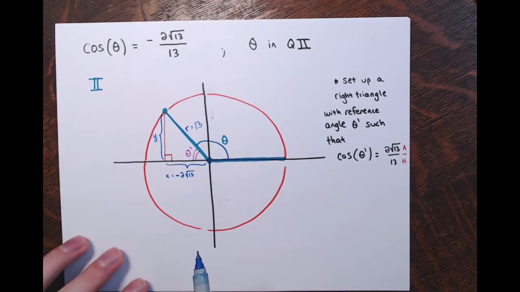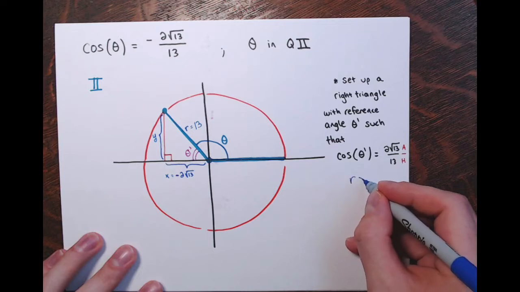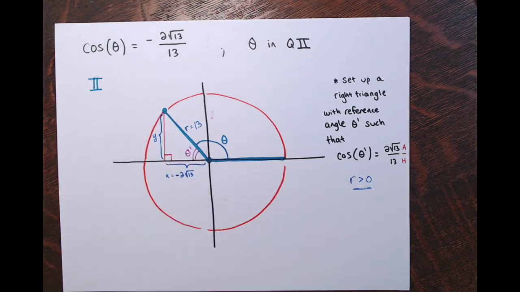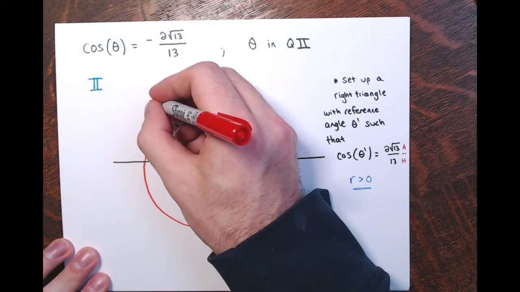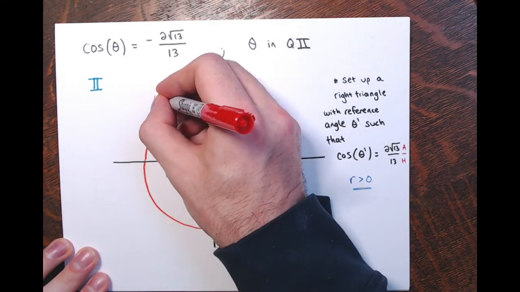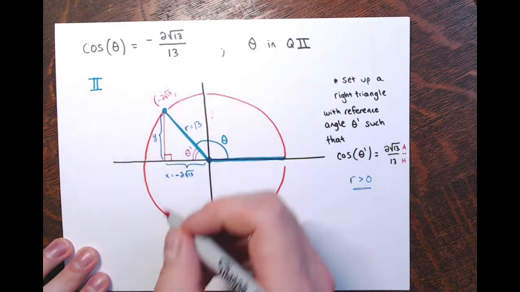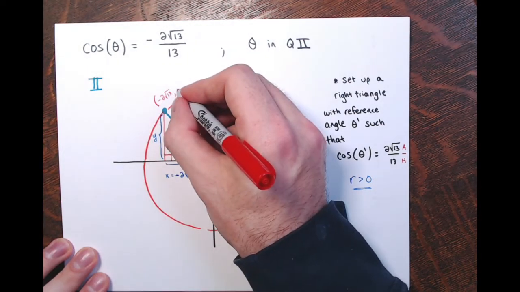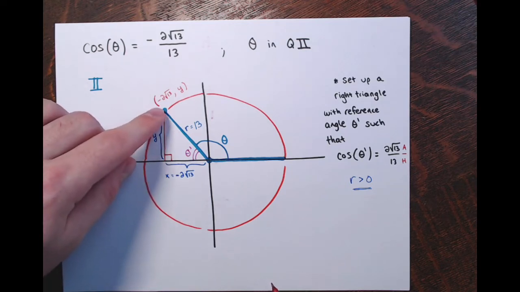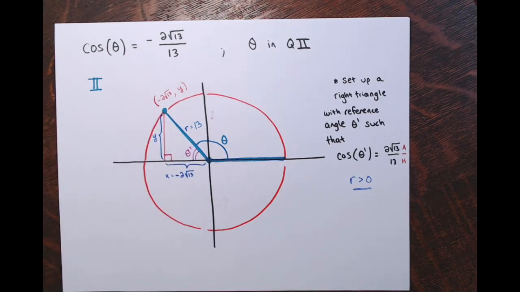Please be sure that the radius is always positive. I'll write that again over here: the distance to the origin. This point on our circle has an x coordinate of negative 2 times the square root of 13, an unknown y coordinate, and it's on a circle with a radius of 13.